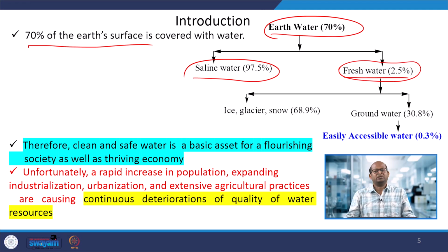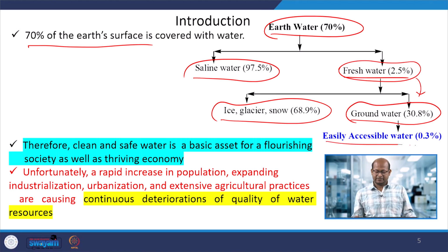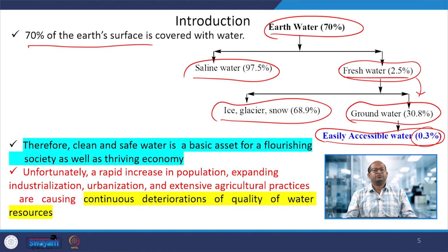Out of that fresh water, 68.9% is ice and glaciers, and the rest, 30.8%, is groundwater. From that groundwater, what is easily accessible for human use is very small, 0.3%. Therefore, we need clean, safe water, the basic asset for a flourishing society as well as a thriving economy.